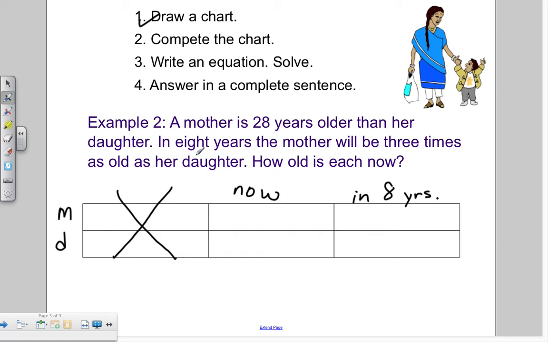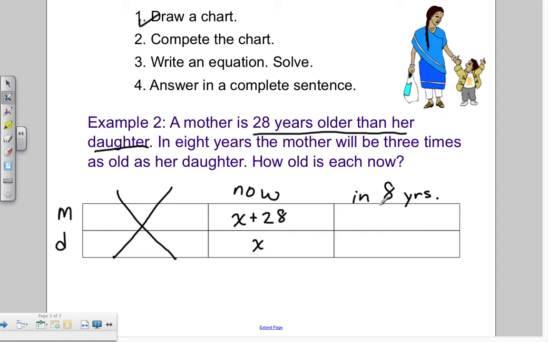Now I'm completing the chart. A mother is 28 years older than her daughter. So that implies right now. I don't know what her daughter is, so I'm going to make her daughter x. And so I say x plus 28, because that means 28 years older, right?